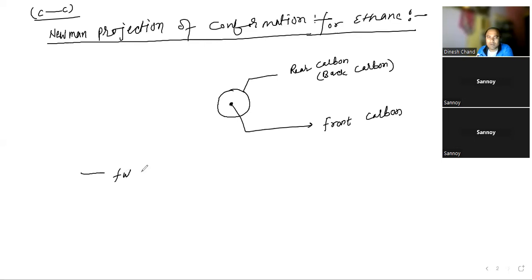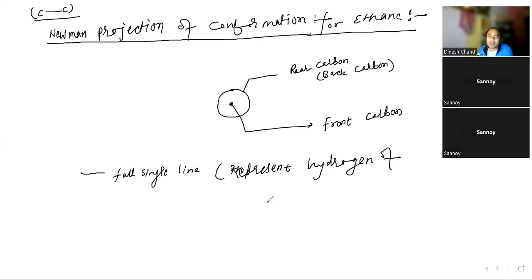If it is a full single line, it represents the hydrogen of the front carbon.